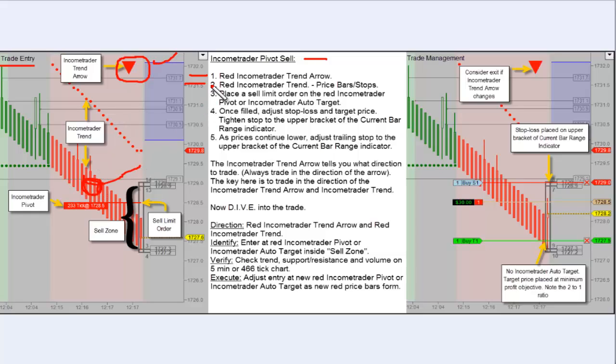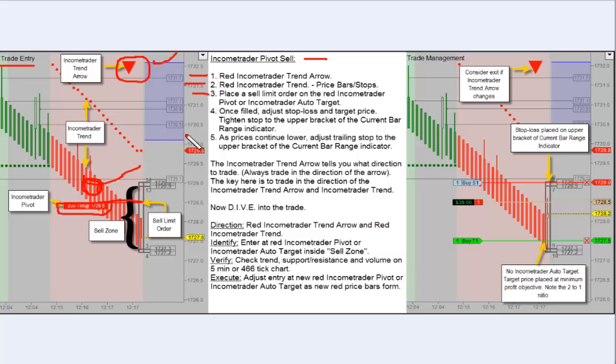So we have the second condition met here. And then we also happen to have our Incometrader pivot sell. We have a 233 tick chart giving us a sell signal at 1728.50 on this gold trade. And so what we're going to do is put a sell limit order right on top of that pivot.